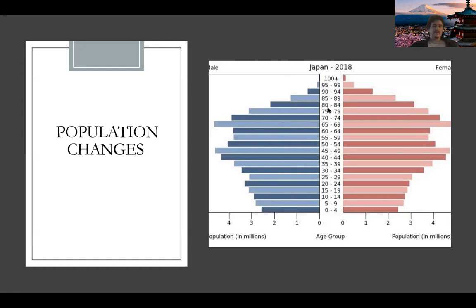And a lot of Japanese officials and the world at large are worried that eventually having this many an older population like this and not enough people to support it will lead to some social and economic problems down the road for the country. And so Japan has been attempting to encourage its population to have more children with the hope that they will be able to reverse this trend and get the population back to an even level.